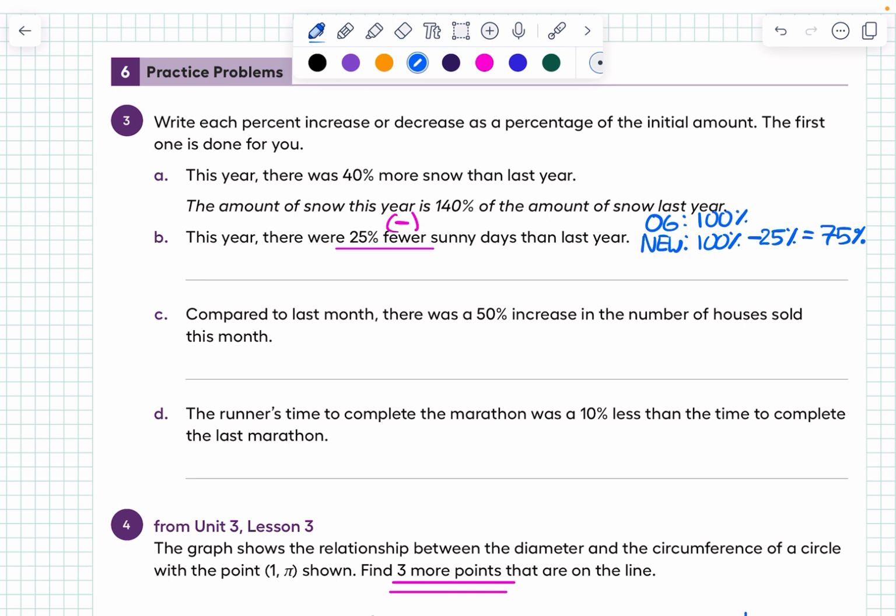So we can say the number of sunny days is 75% of the number of sunny days last year.